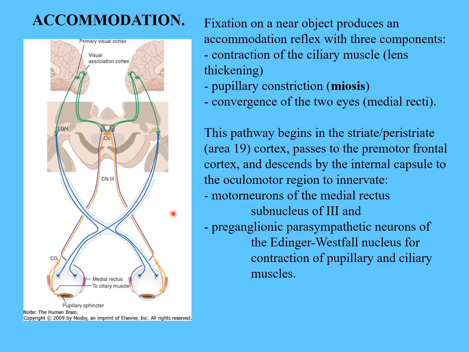And the preganglionic parasympathetic neurons of the Edinger-Westphal nucleus activate contraction of the pupil and the ciliary muscles in order to get a change in the lens.